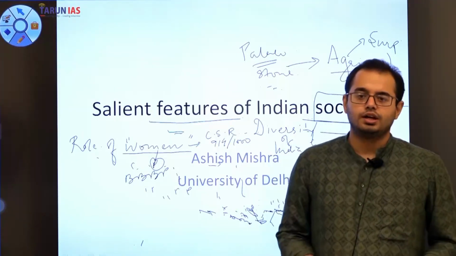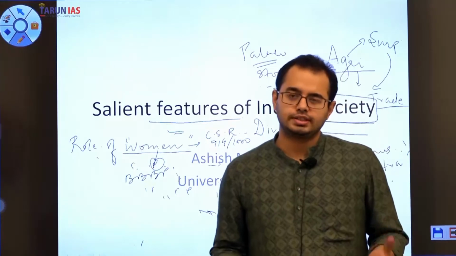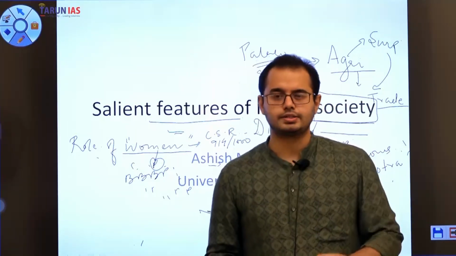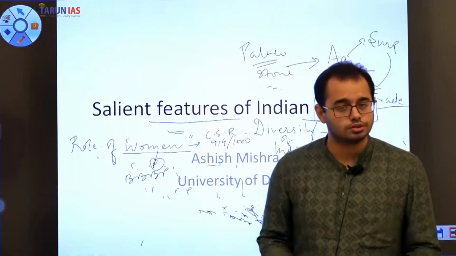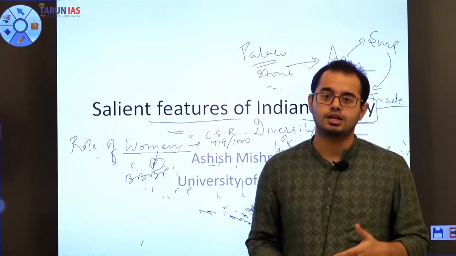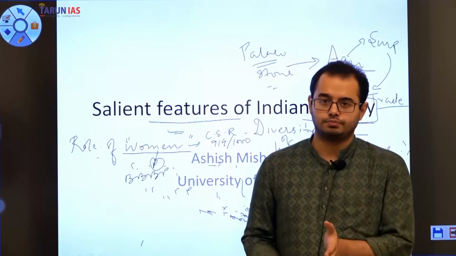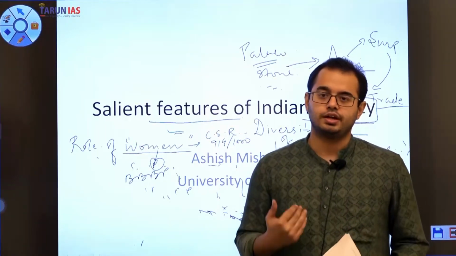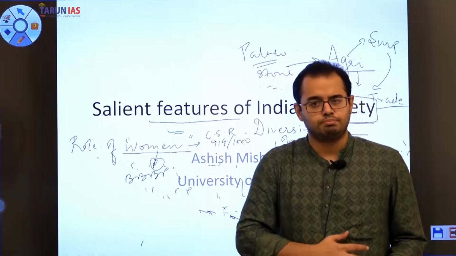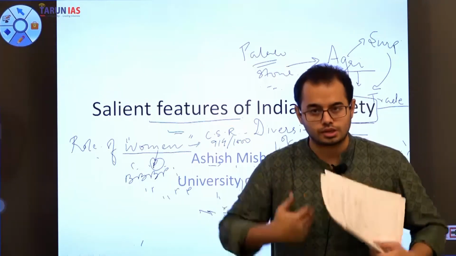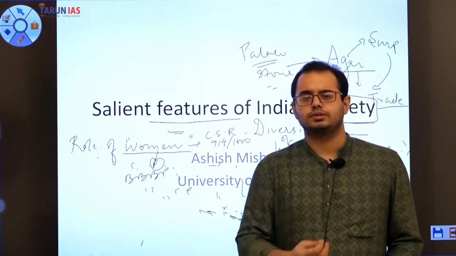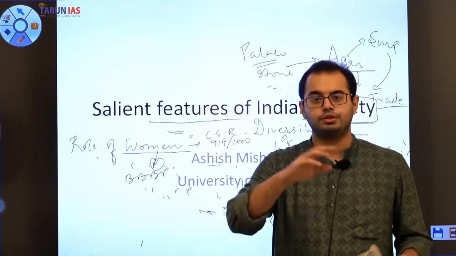For example, most of the sex determination that takes place, most of the time in rural areas and also not just rural areas but also urban areas, is heavily biased towards preference of male child. Now this is a very glaring biasness of our society as such, because they are the same parents who want a male child for themselves and not female.